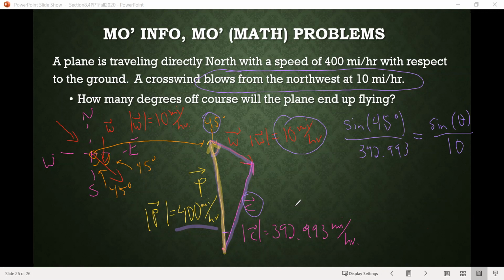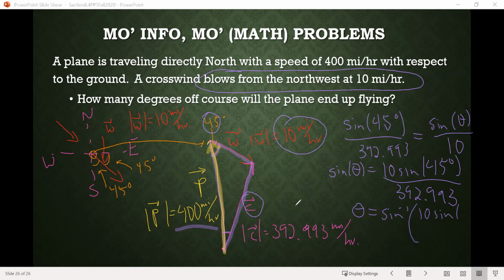We can isolate sine of theta to get sine of theta equals 10 times sine 45 degrees over 392.993. Then to find theta, we'll do the inverse sine, or arcsine, of 10 times sine of 45 degrees over 392.993.